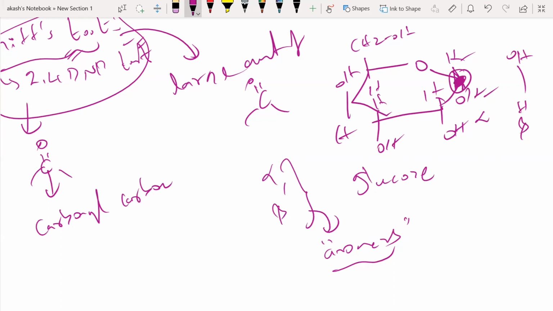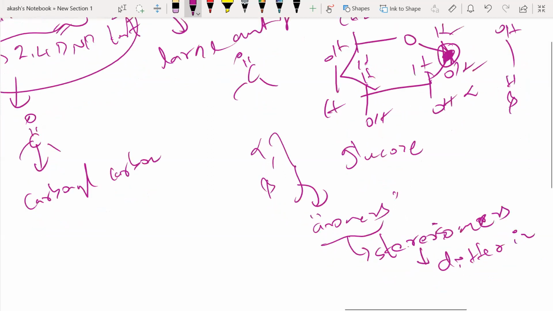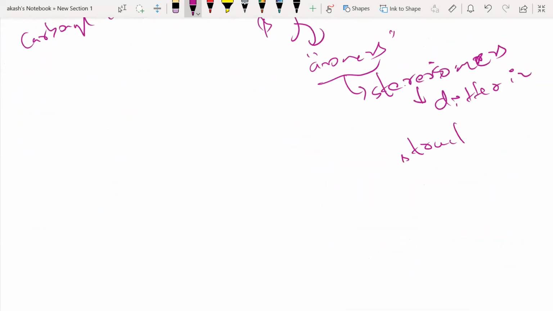Basically, anomers are stereoisomers, right? These are nothing but stereoisomers. H and OH, OH and H, the orientation is changing. So they are stereoisomers which differ in structure with respect to only one carbon.